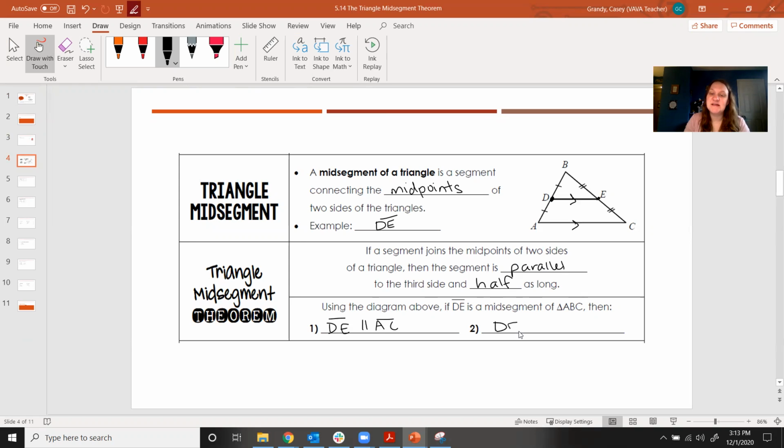So I can say that DE is half AC. If you don't like that fraction, you could multiply both sides by 2 and say 2 times the length of DE equals AC, and that would also be a correct formula for this picture.